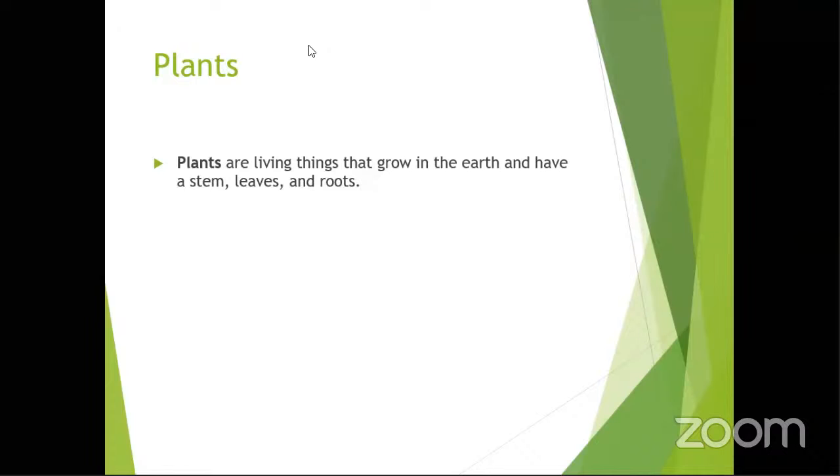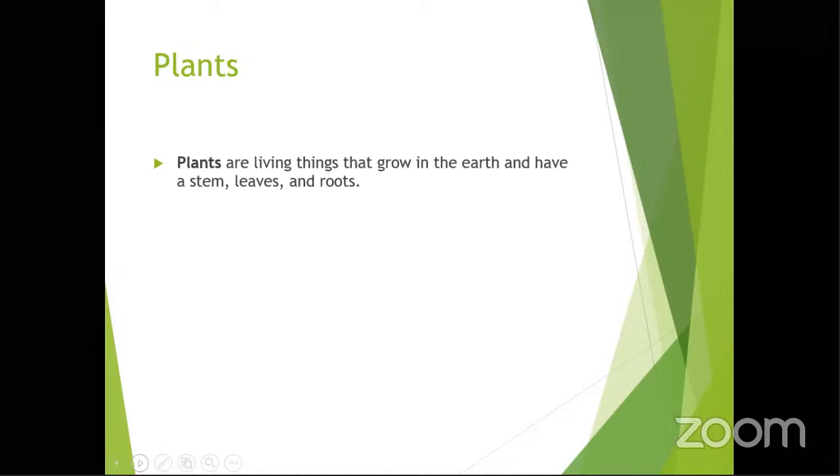Nasha, can you read for us that definition? Plants are living things that grow in the earth and have a stem, leaves, and roots. Good. As simple as that.